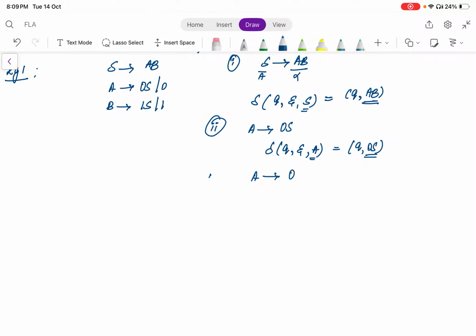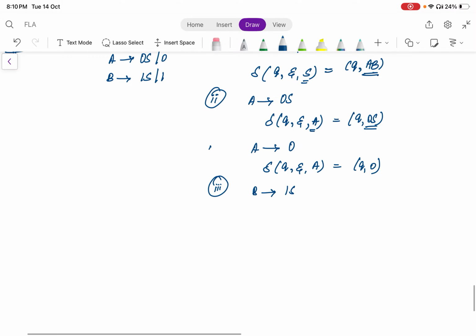So this is delta of Q comma epsilon comma A equal to Q comma 0. Then the third one you have is B tends to 1S. Here this transition you can write together with the previous one. Both are A transitions only, no? You can write it together also.